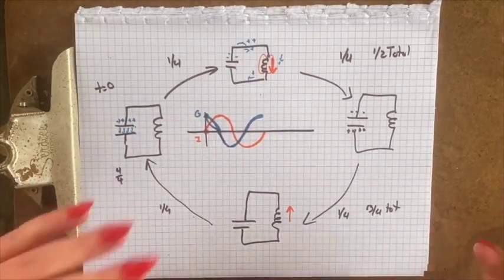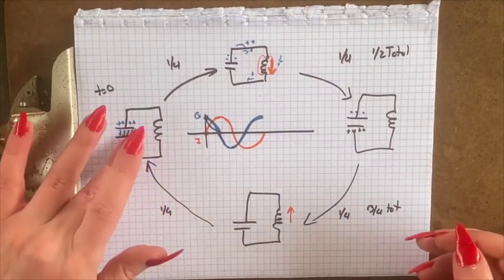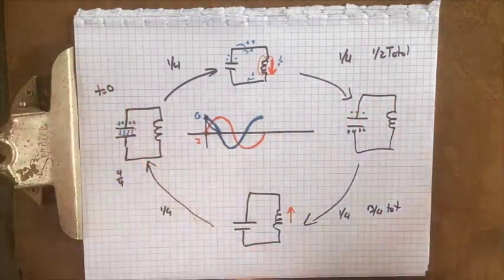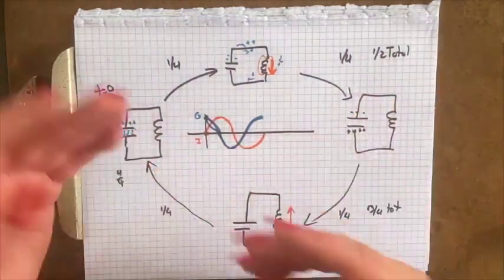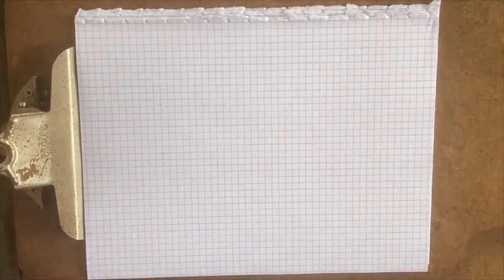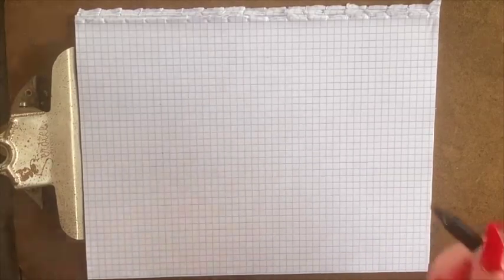There's some variation, a little bit of play between the time constants of C and L, and it just determines how fast this entire cycle is going to repeat itself back and forth. So let's explore that.